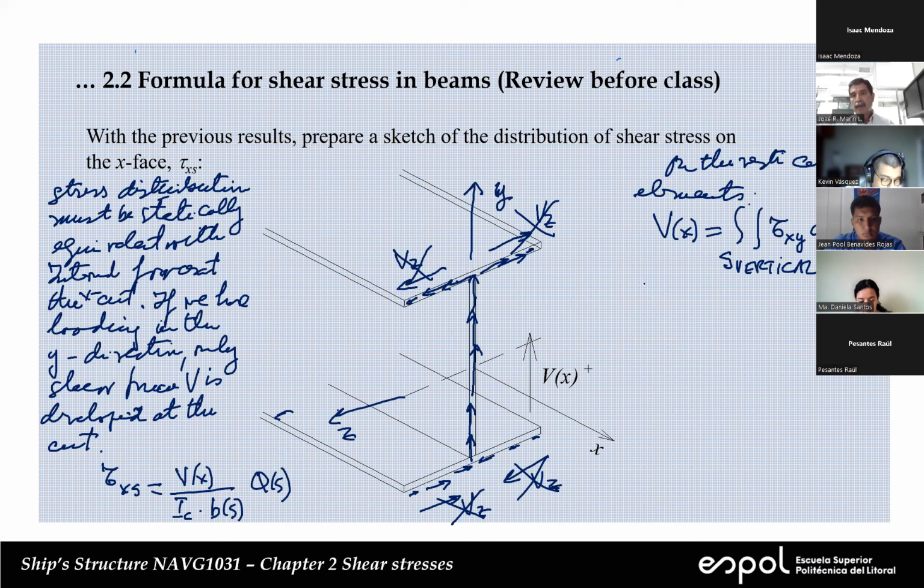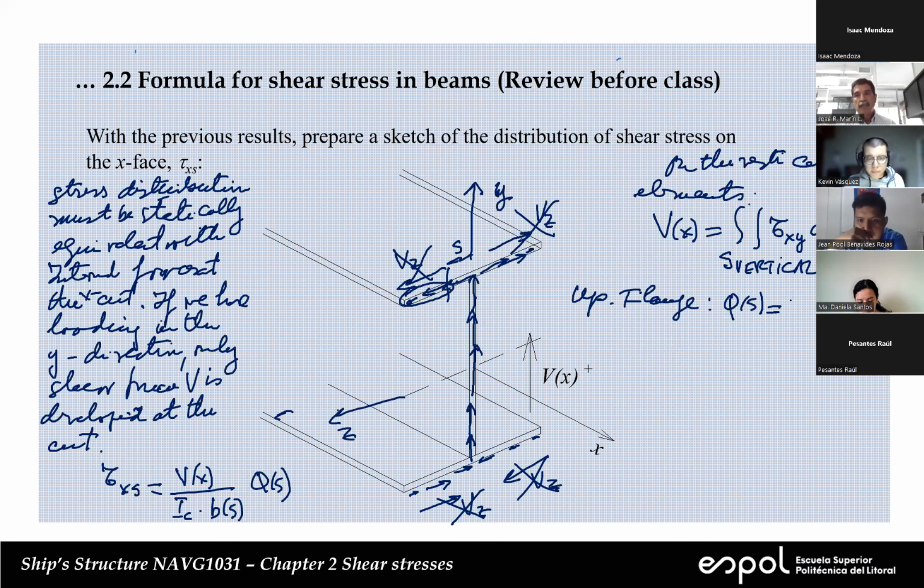Okay, so we can go on and see, for example, on a flange. Upper flange. Okay, the Q of S. If this is S, do you remember the formula for this?